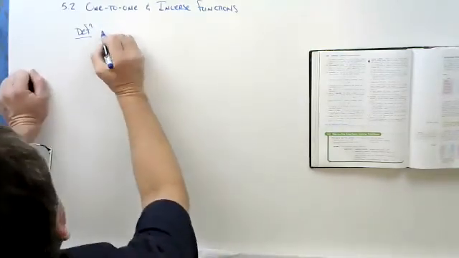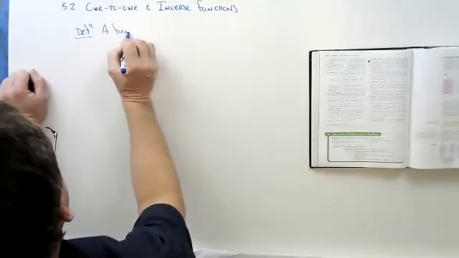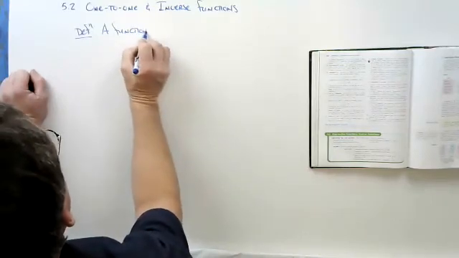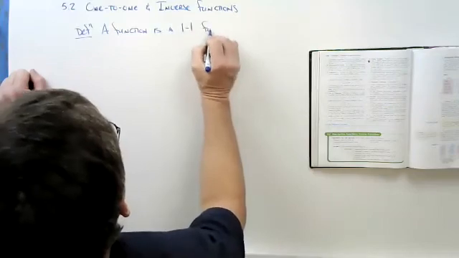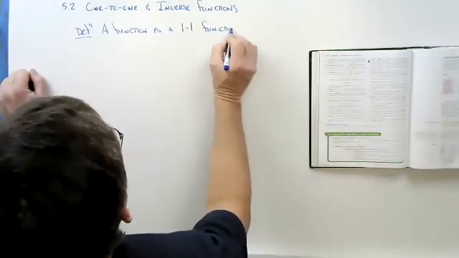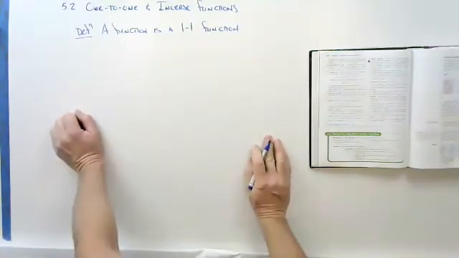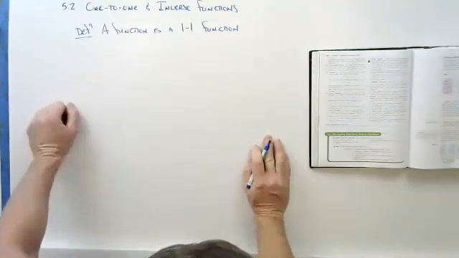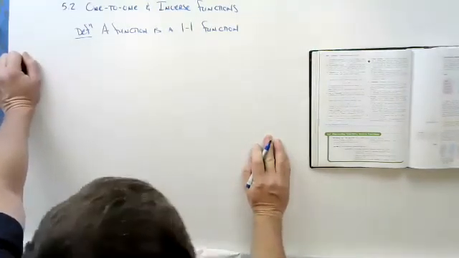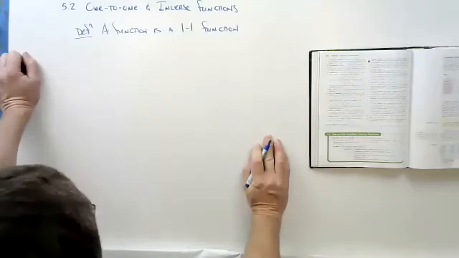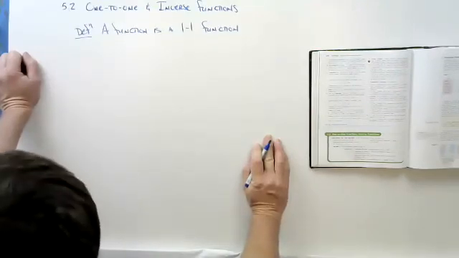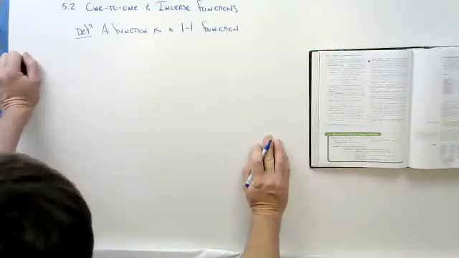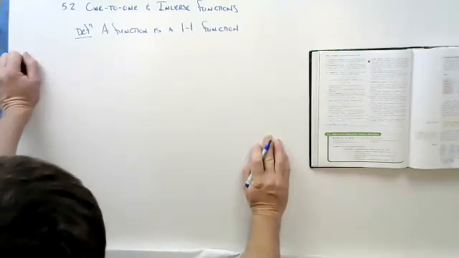It says a function is a one-to-one function. And then he writes the most wackadoodle definition of a one-to-one function I've ever seen in my life. So I'm not going to use it. I don't use it because it's wackadoodle.